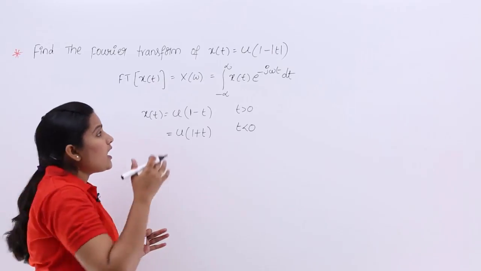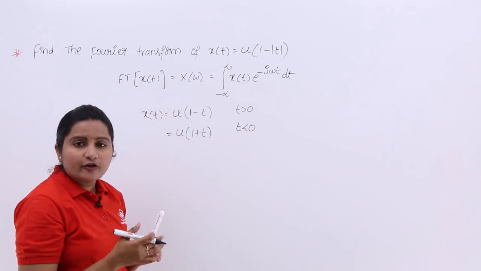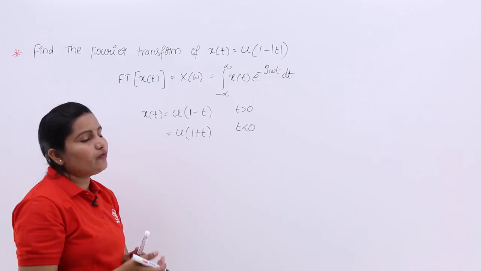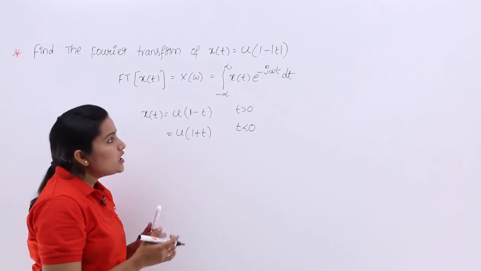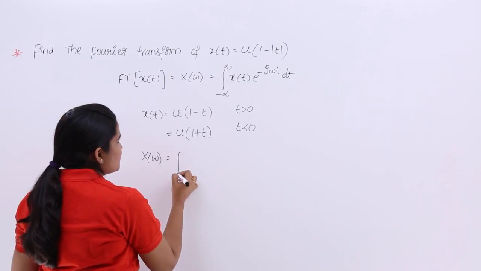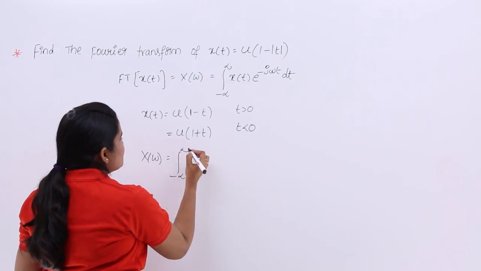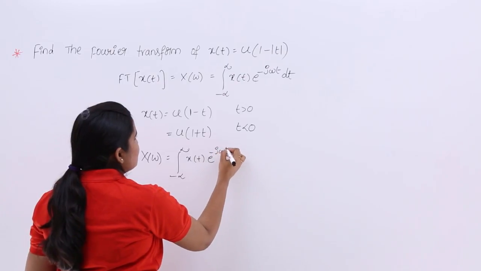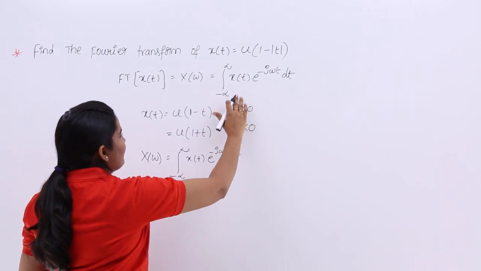This signal I want to substitute in my Fourier transform equation to get the Fourier transform of u of 1 minus modulus of t. Here I want to calculate X of omega, so I substitute x of t into e power minus j omega t dt, but here we have two limits.